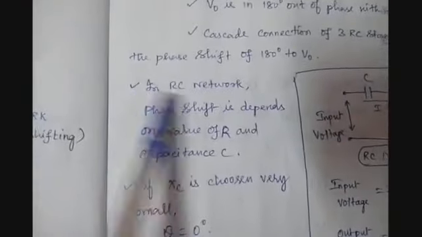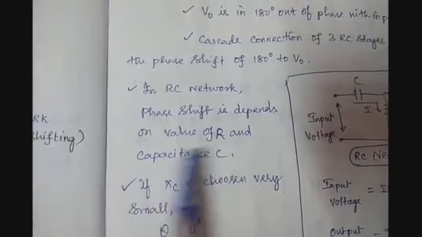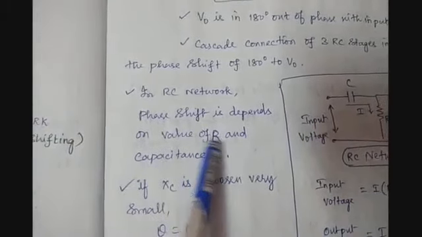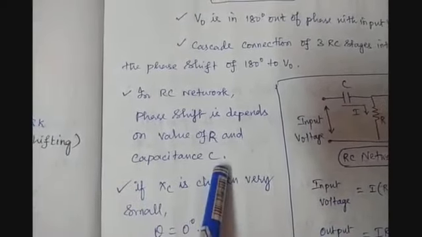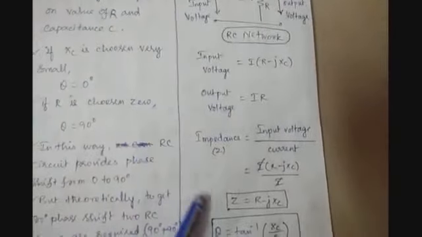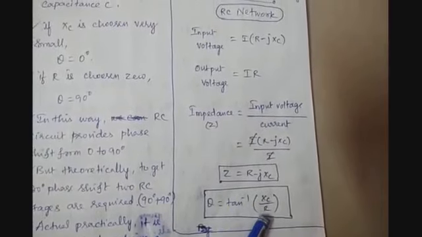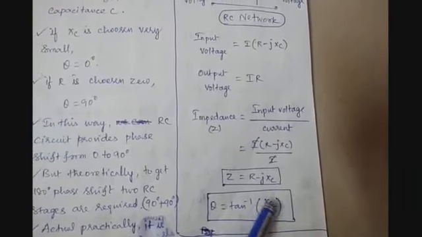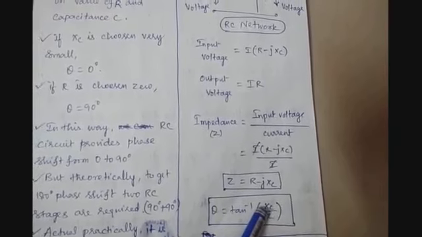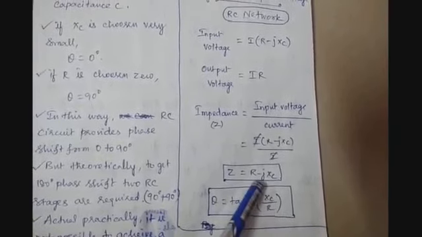Now, in an RC network, the phase shift depends on the value of R and the capacitance C. Phase shift means theta. This theta depends on the value of resistance and the value of capacitance, right?